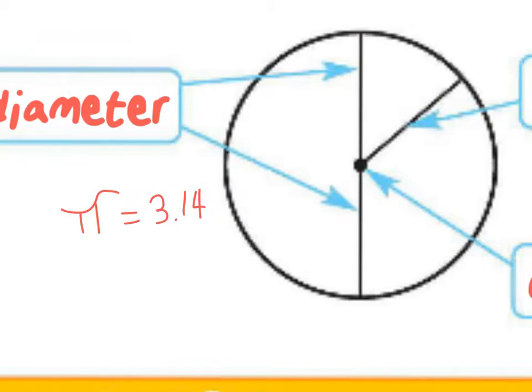Well, if I take the diameter of a circle and measure directly across, from end to end, measure this length in centimeters, and multiply by 3.14, I will get my circumference. Or the other way around: if I know the circumference of a circle and I divide it by 3.14, I will get the diameter of the circle.